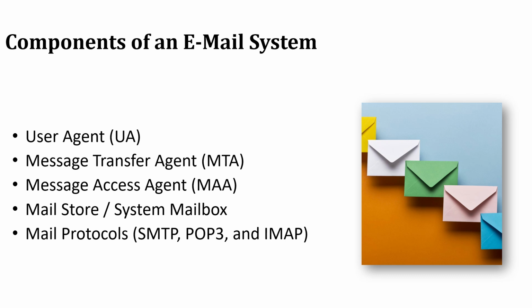It ensures that messages are safely stored and accessible at any time. Email protocols like SMTP, POP3, and IMAP govern how messages are sent, transferred, and accessed. Together, these components form a robust and reliable email system, enabling users to communicate efficiently across networks and the internet.